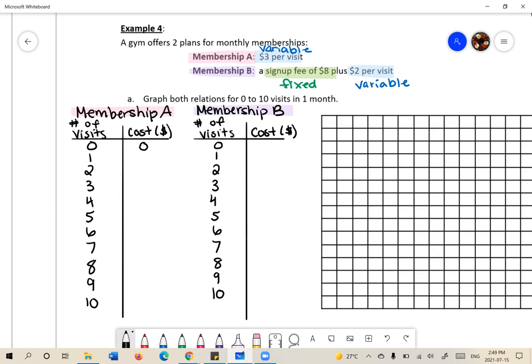And if I go one time, I'm paying $3. So every time I go, I'm paying $3. So that means that my change in y will be 3 as my change in x is 1. So x is increasing by 1, y is increasing by 3.